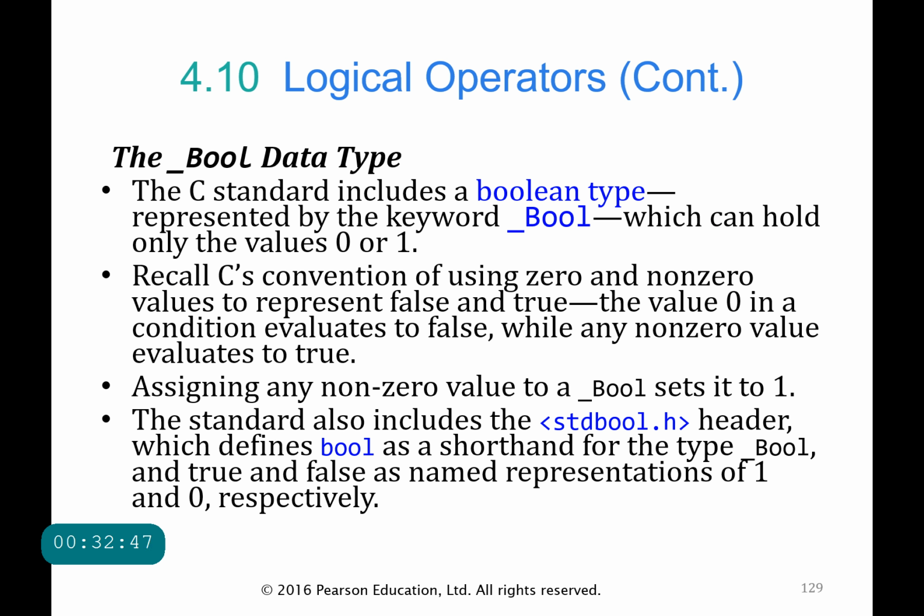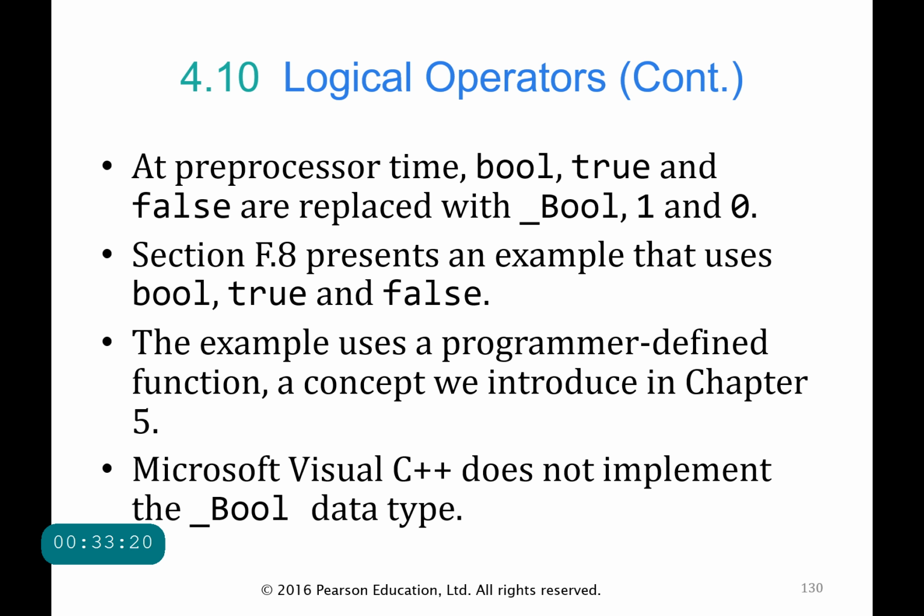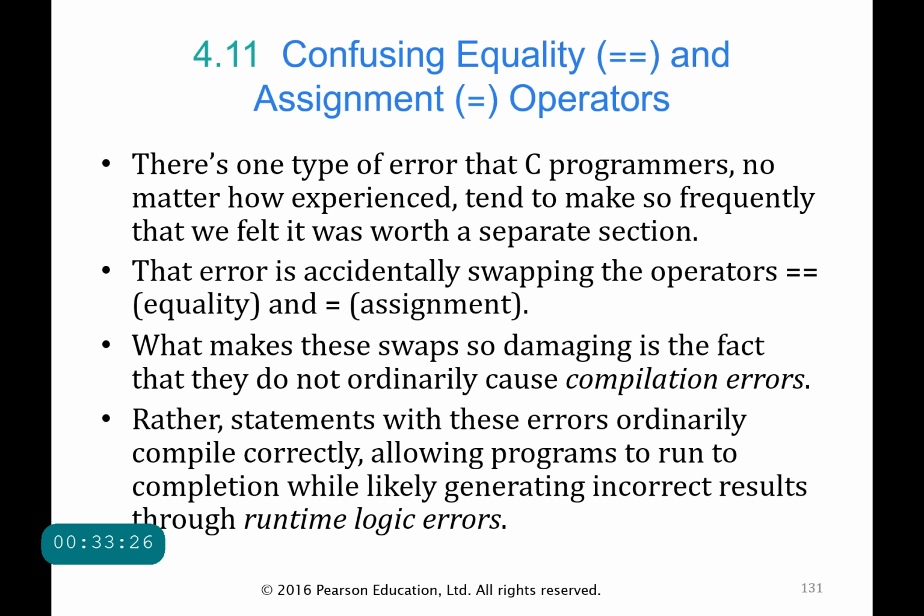Finally, we have the Boolean data type, and just a quick word on that. Boolean data types are data types which can hold only values of 0 or 1. They're included in the standard bool.h header file, which defines bool as a shorthand type for Boolean. So this is a data type that you can use to work with Boolean values, true and false. And that's pretty much it.